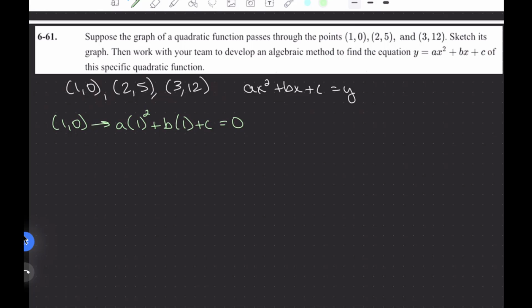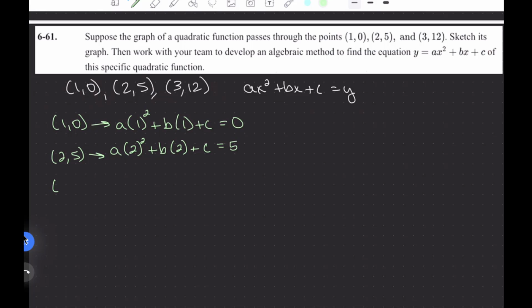And then on our second point, our 2, 5, they're giving us our X's and Y's again. So we don't know our A. Our X is 2 squared, plus B times X, which is 2, plus C, and we don't know anything about C, and our Y is going to equal 5.